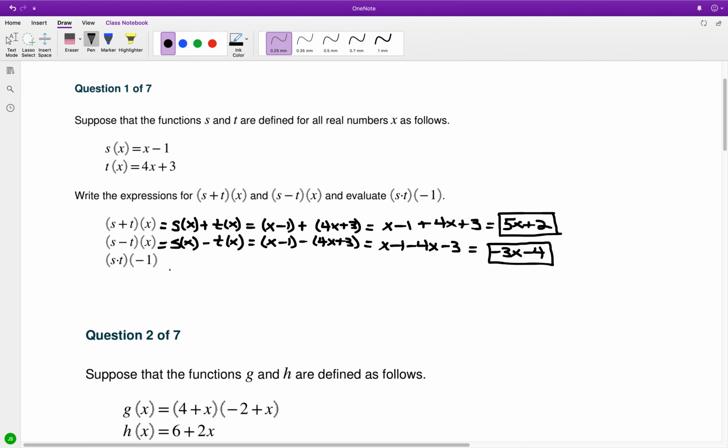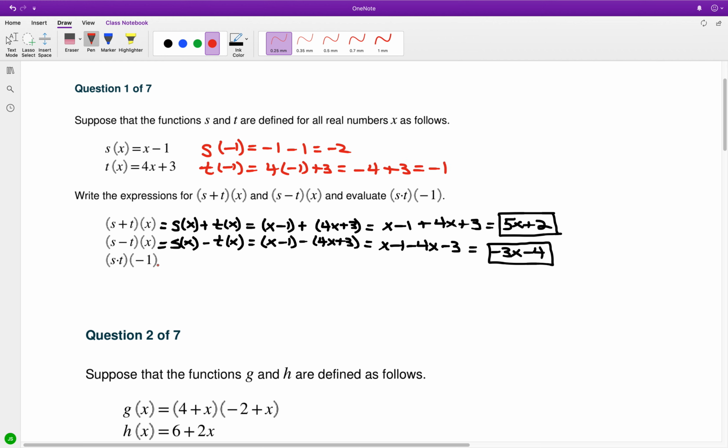Now for s times t of negative 1, you can do this in either of two ways. We can say that s of negative 1 is equal to negative 1 minus 1, which comes out to negative 2. And for t of negative 1, we have 4 times negative 1 plus 3. 4 times negative 1 is negative 4 plus 3, so we have negative 1.